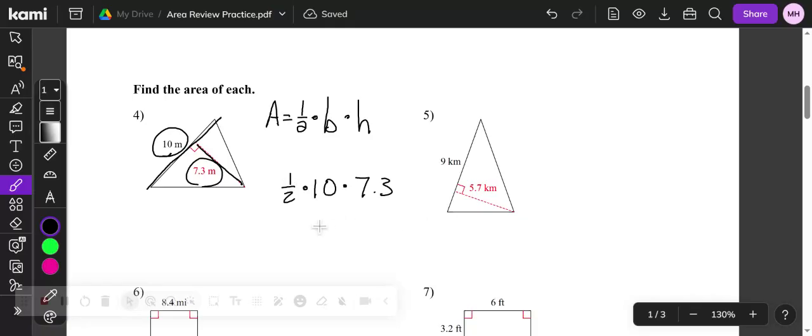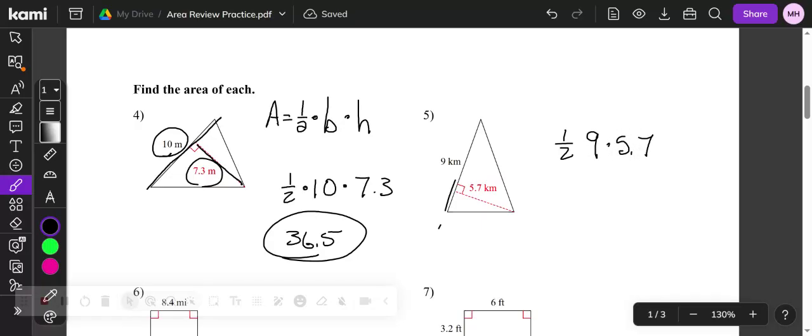If you multiply that together, you get 36.5. Base would be 9, height would be 5.7, so 1/2 times the base of 9 times the height of 5.7. We get 25.65, so if we round it off, 25.7.